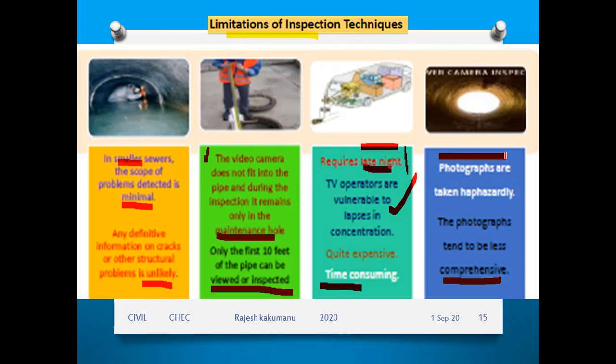Photographs అంటే just to proof, but real time లో చేయాలంటే photographs are also not applicable. So real time లో first thing you can go manually and checking the things, and second thing is CCTV లో check చేస్తూ directly you can do the repairs or any things. So here the photographs tend to be less comprehensive when compared to the CCTV connections. So these are some of the limitations for the inspection techniques.